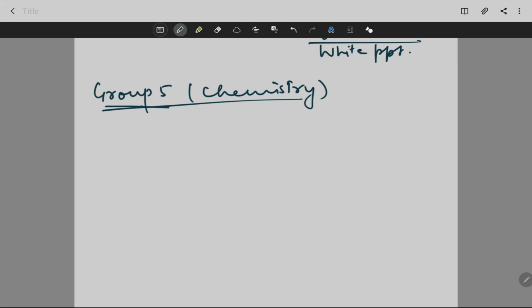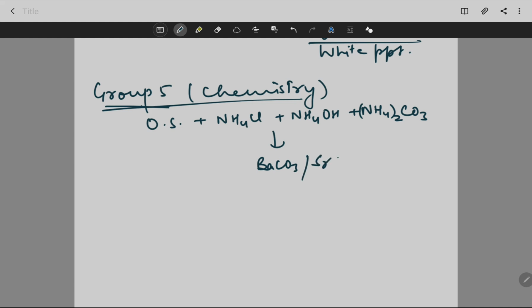When we took the original solution and added ammonium chloride, ammonium hydroxide in excess, and ammonium carbonate, group 5 is precipitated as carbonates, either barium carbonate, strontium carbonate or calcium carbonate.